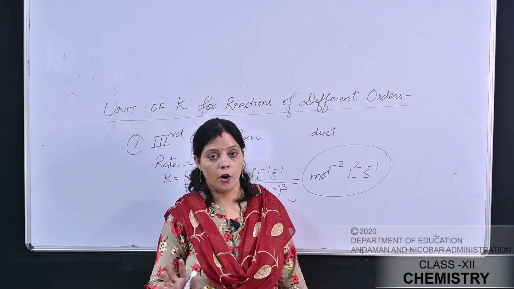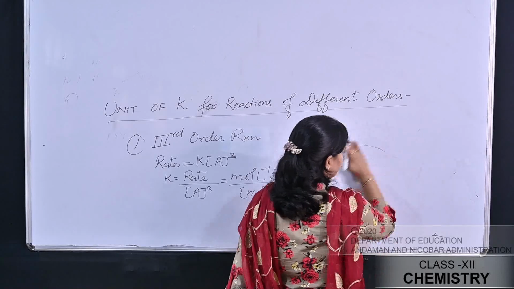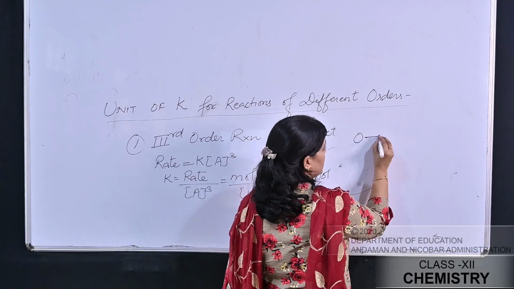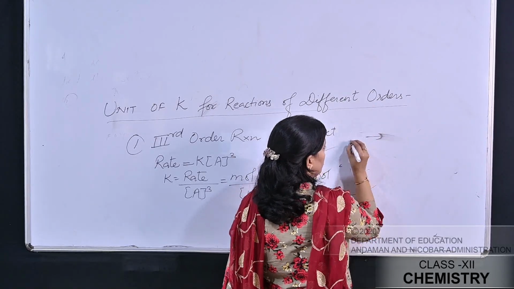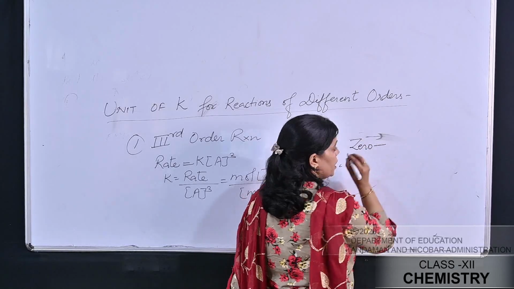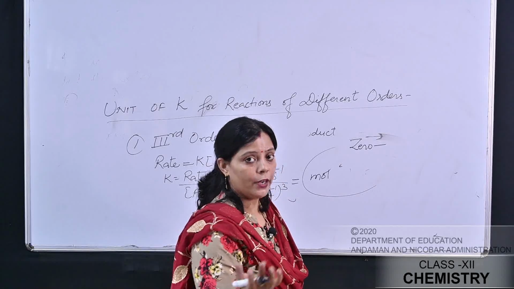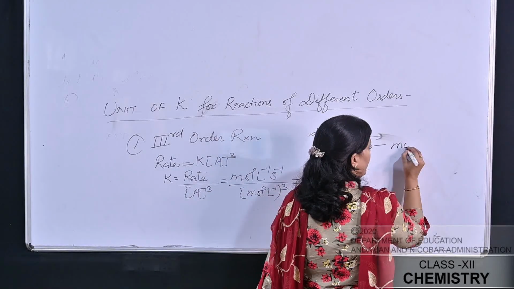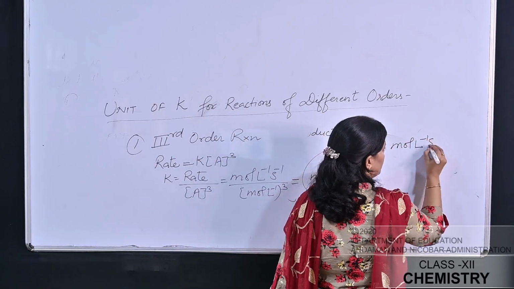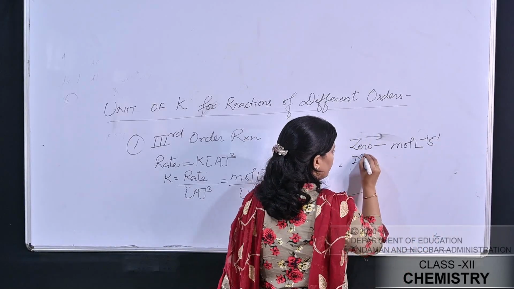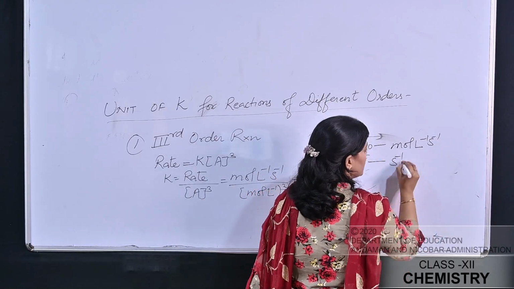Now you have a clear idea about how we calculate the unit of rate constant for reactions of different orders. So in short, for a zero order reaction, what is the unit of rate constant? We calculated that it is the unit of rate of the reaction, that is mole per liter per second. For a first order reaction, the unit is second inverse.